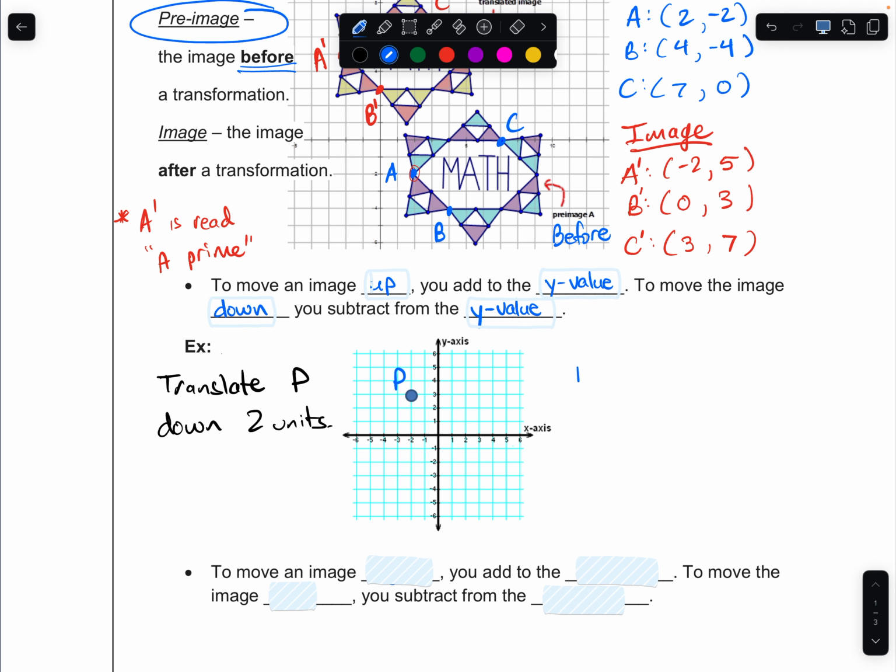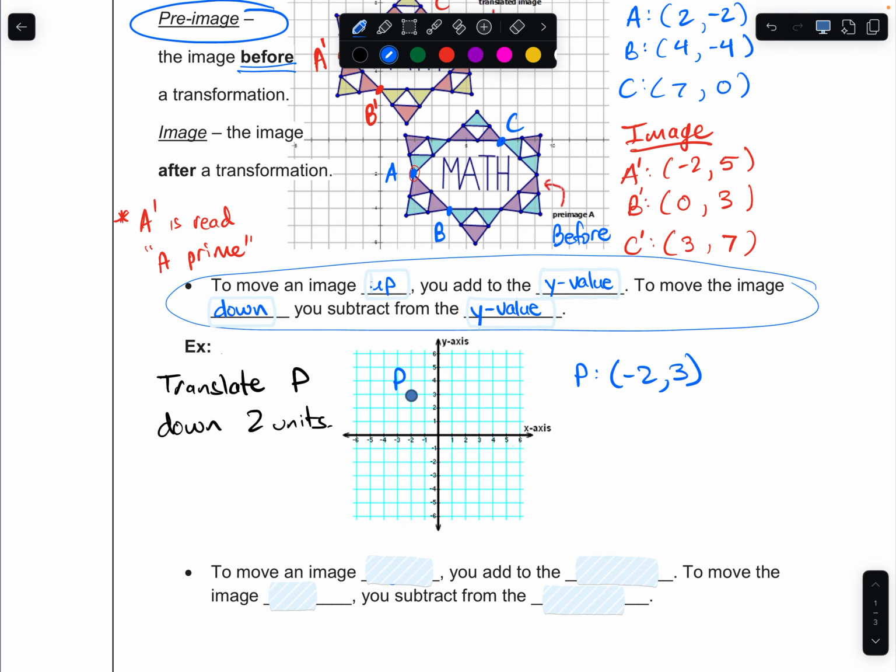So the coordinates of P is plotted at the point -2, 3, right? Well, if we use our algebraic rule here, then P prime should be at the point, well, we would need to subtract 2 to the Y coordinate. So it should be -2, whatever this 3 is.